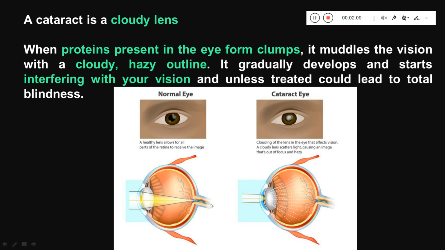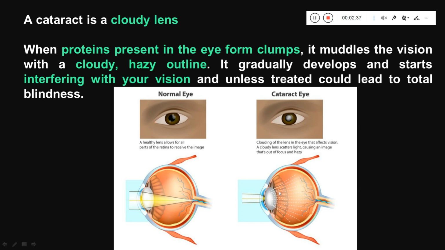You can see here, this gives you more details about it. This is the normal lens. Whatever you are visualizing is focused by the lens and reaches your brain through the optic nerve, so you can see the object in front of you properly. But in case you are suffering from cataract, you can see the lens is deposited with this clumped protein material, because of which the light coming to the lens cannot be focused.